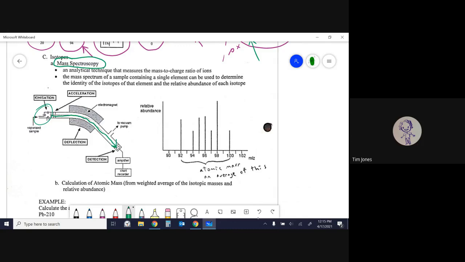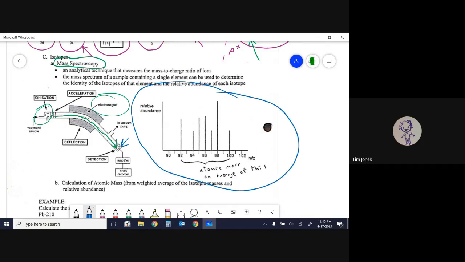And you would try different magnetisms that you could measure. When the particles hit the detector here, you would then take note of that, and you would get a spectrum like this. So this particular element was put through a mass spectrometer, and it gave off these isotopes.